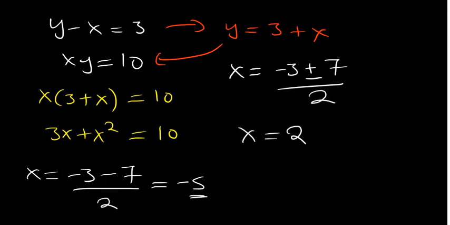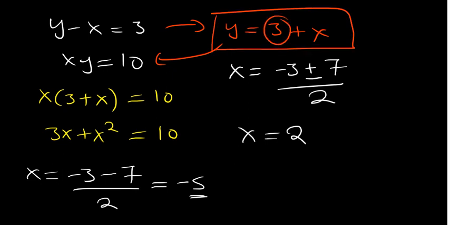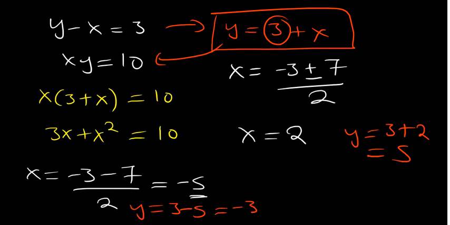So for y, we're using that equation. y is just x added 3. So substitute. So here y is going to be 3 plus 2, which is 5. Here y is going to be 3 minus 5, which is just negative 2. So these are the two possible solutions we have to our simultaneous equations there.